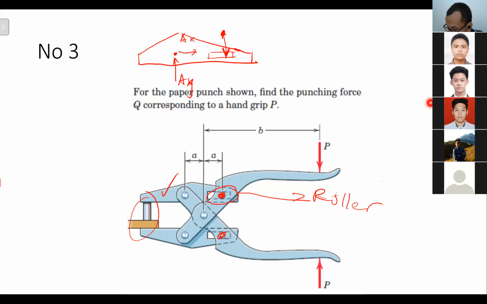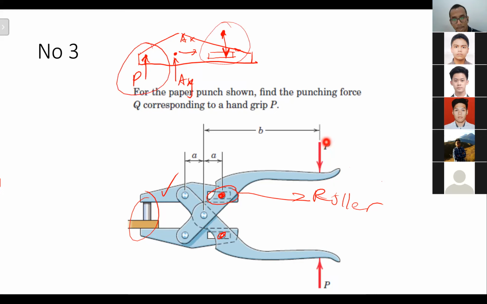And then there is a force there, the pinching force, right? P there. As long as you have this particular force value, you will be able to get this using sigma moment.